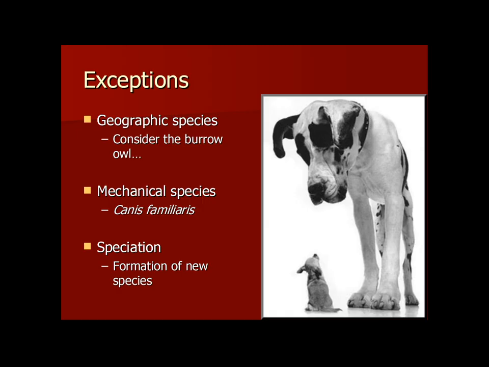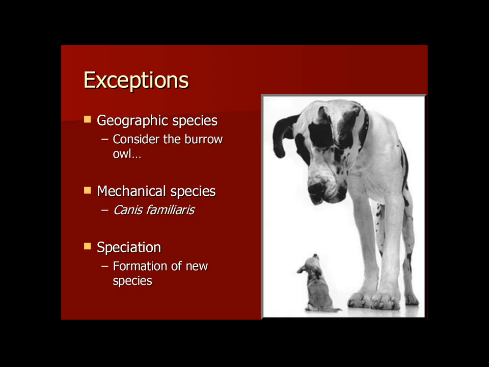So we might call some of them, these two in particular, mechanical species, because while they're both members of the same species, we can take sperm and eggs from either one, from each of them, put them together in a laboratory. We can create a dog, right? If there's a dog that can equally breed with both of them, then there can still be gene flow between these two populations.